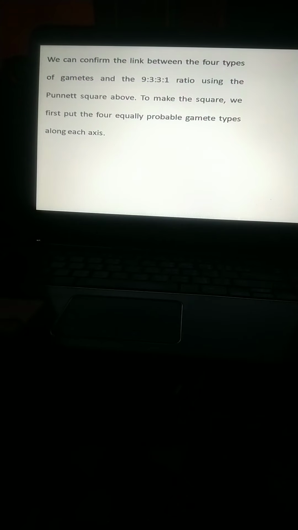We can confirm the link between the 4 types of gametes and the 9:3:3:1 ratio using the Punnett square.